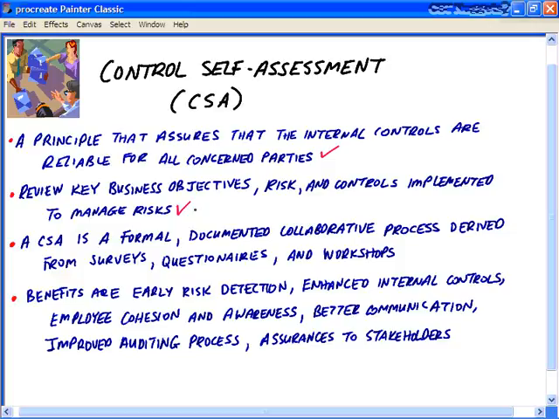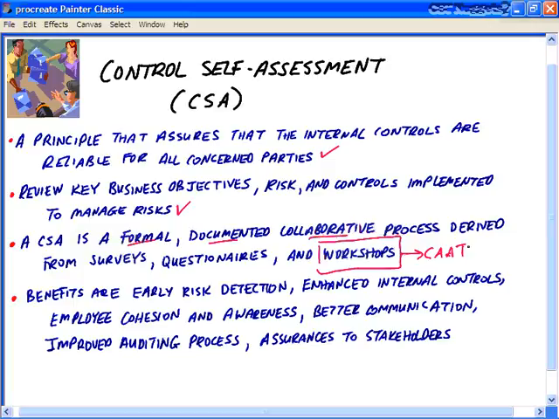Okay, so by definition, a CSA is a formal, documented, collaborative process. This is going to be coming from an ongoing process of surveys to stakeholders, surveys to auditors, surveys to team members, questionnaires, and ongoing workshops that allow us to keep up with new techniques, new training, possibly new CAATs to help us in the auditing process.